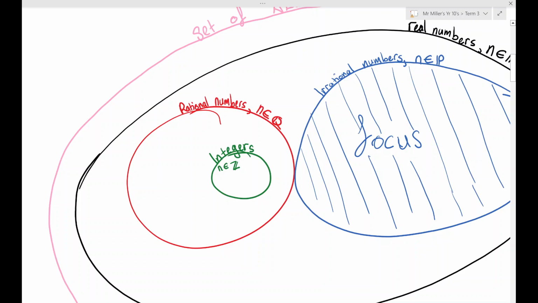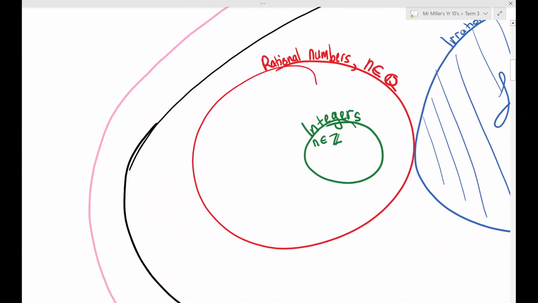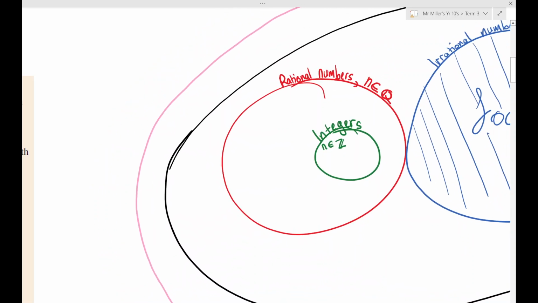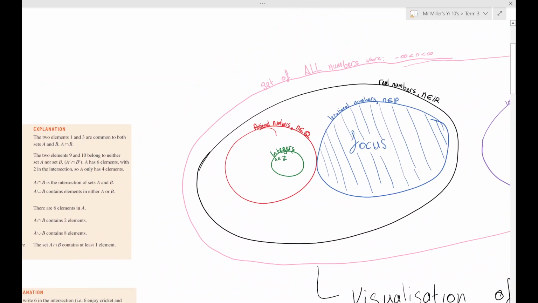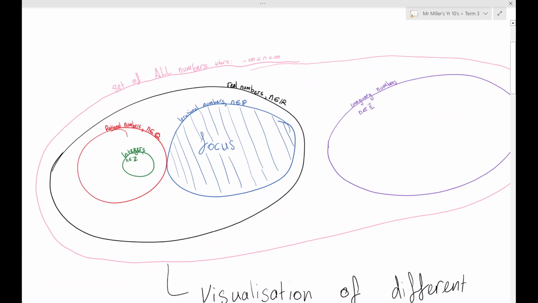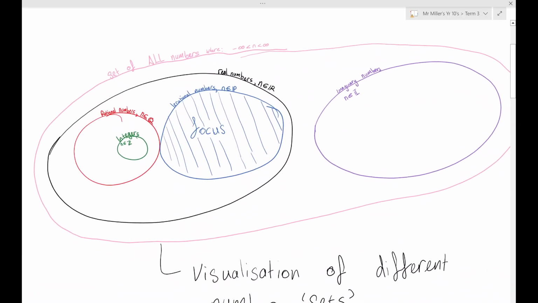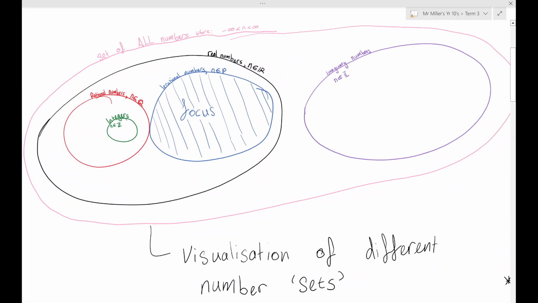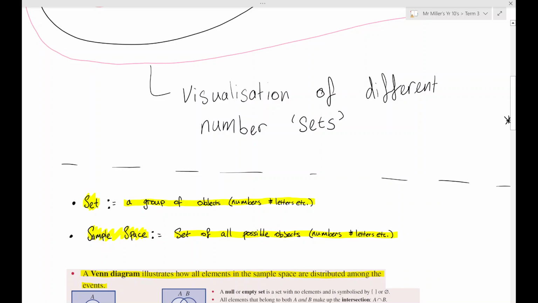There's no numbers in my rational numbers that exist in my irrational numbers, whereas all the numbers in my integers set exist within my rational number set. So there are different sets that group similar numbers in mathematics, and they interact with each other. They all exist together in this big planar numbers.